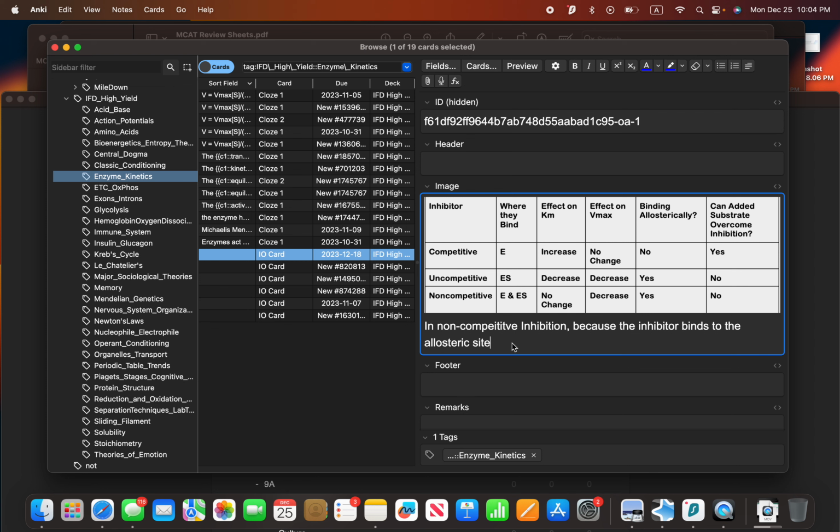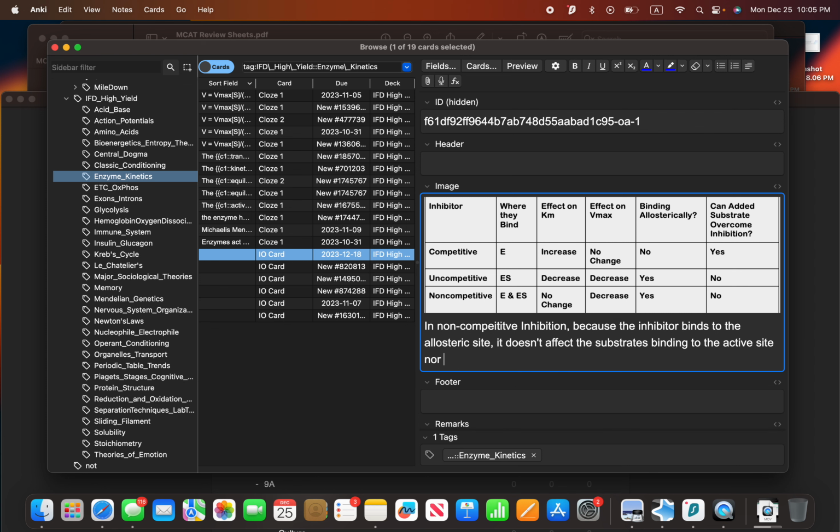That is interesting. Because the inhibitor binds the allosteric site, it doesn't affect the substrates binding to the active site, nor sticking with the enzyme, which was locking or getting locked up with the enzyme.